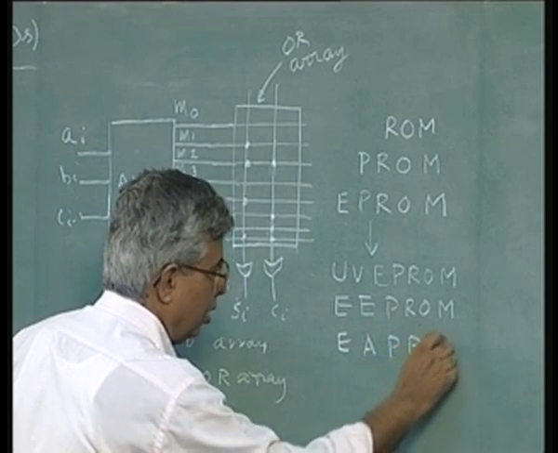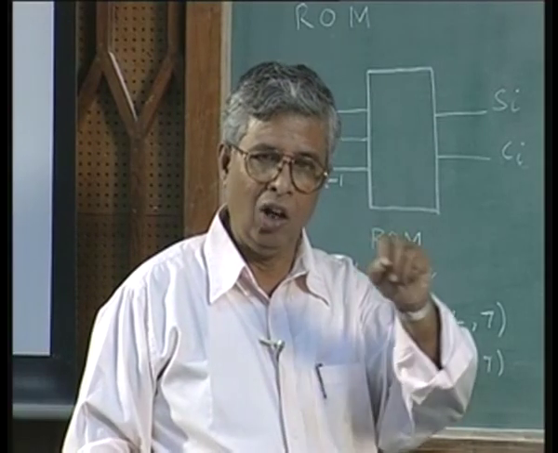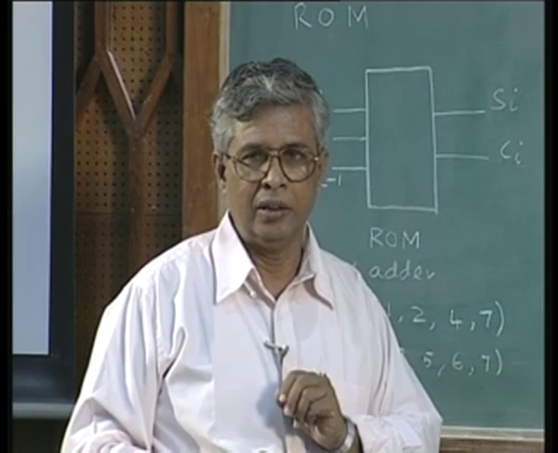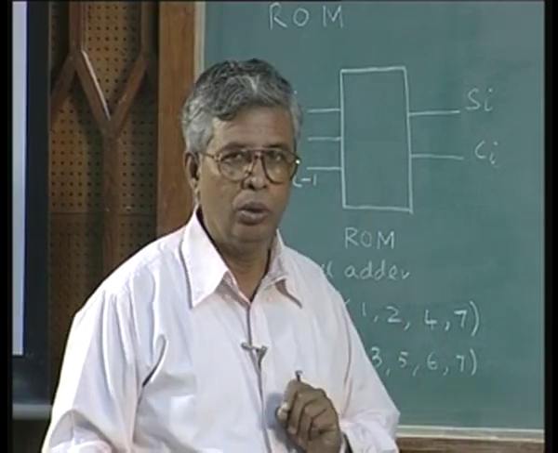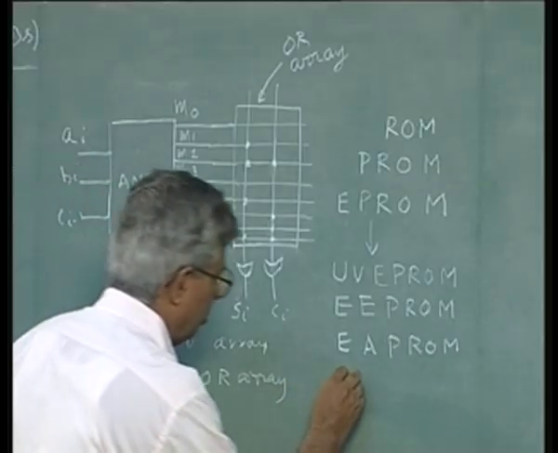electrically alterable programmable read-only memory, wherein the device stays in the circuit without having to remove it from the circuit, and you can selectively alter the programming of the device wherever you want to. These devices are also called flash memories, you might have heard of this term.